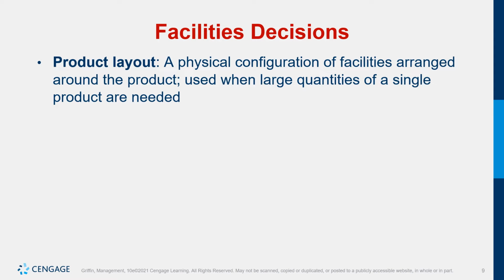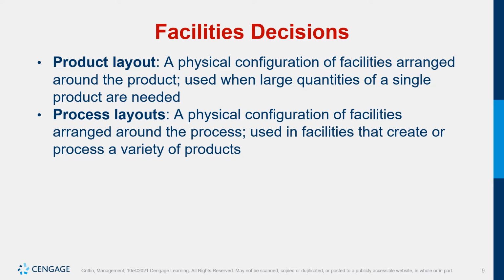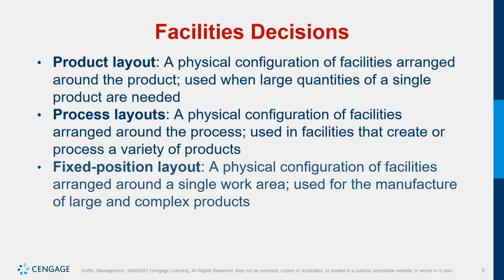Product layout is a physical configuration of facilities arranged around the product. This is used when large quantities of a single product are needed. Process layout is a physical configuration of facilities arranged around the process, used in facilities that create or process a variety of products.